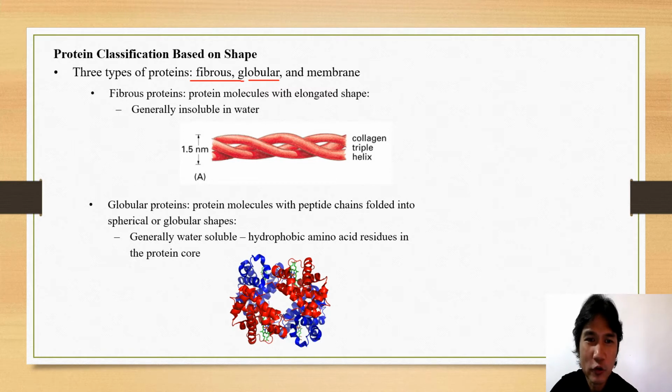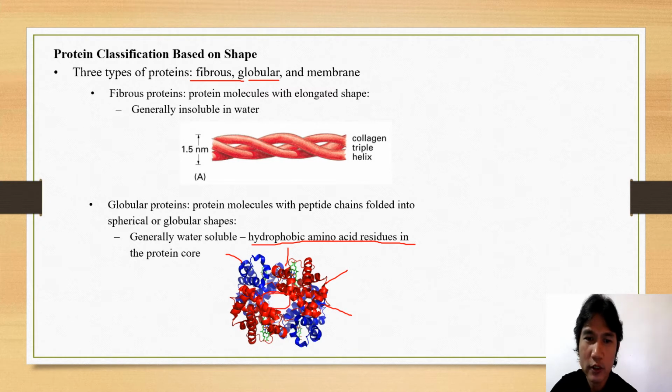Okay, next is globular proteins. These proteins are folded, spherical or globular, and normally they are water soluble. Since they are water soluble, you would expect that polar amino acids would be on the surface of the protein. However, the hydrophobic amino acid residues are in the protein core.